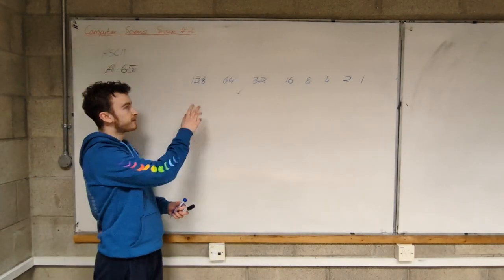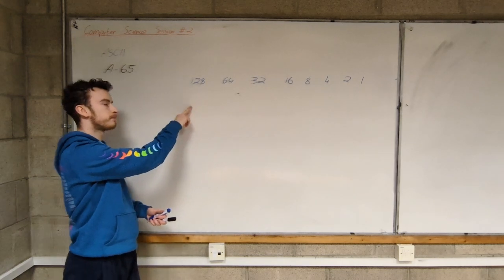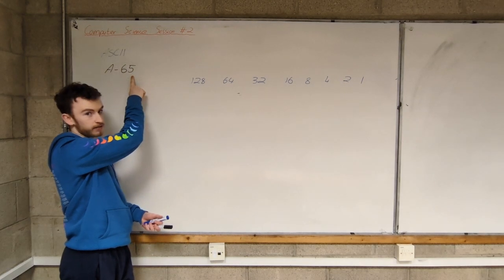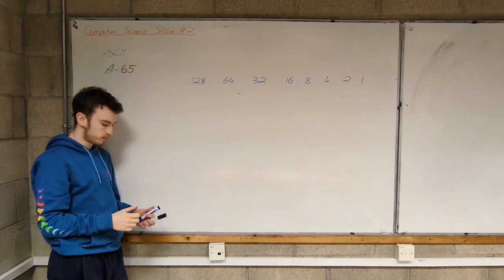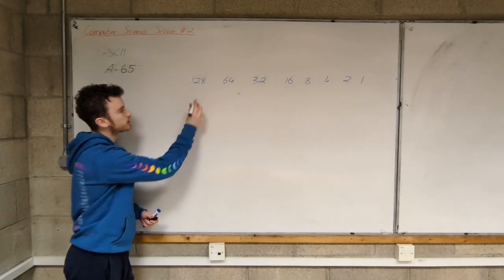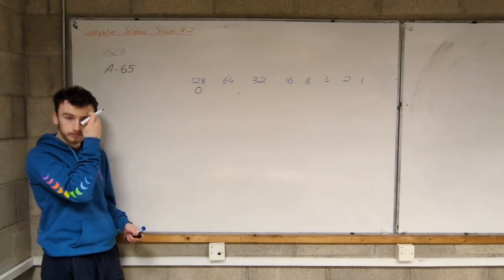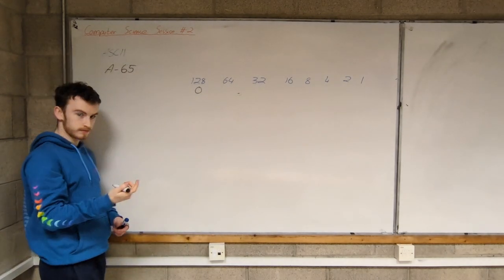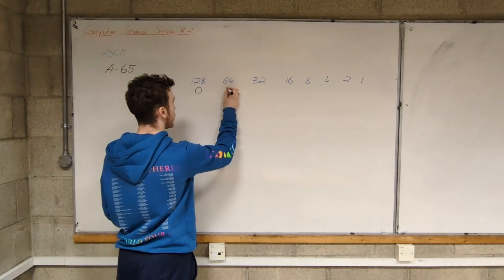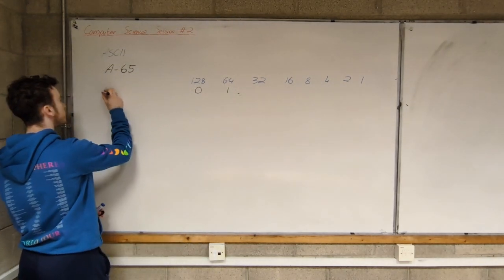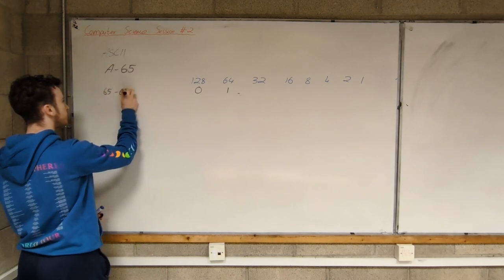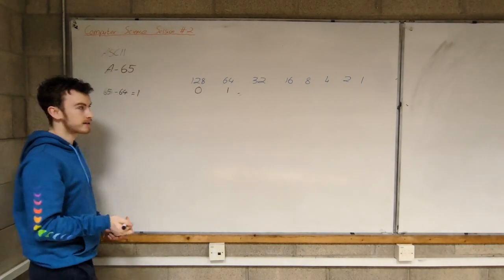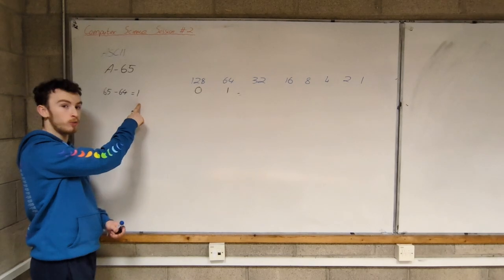What you do now, starting from the left, so 128, you ask, does 128 go into 65? The answer obviously is no, so we put in a 0. Does 64 go into 65? Of course it does. So we put down a 1. Now 65 minus 64 is 1. So now we ask, does 32 go into 1?